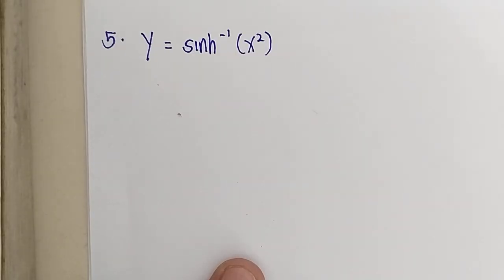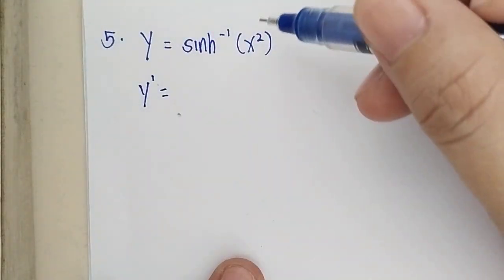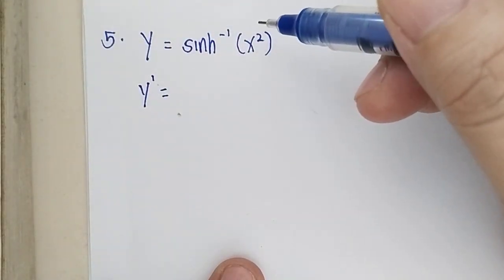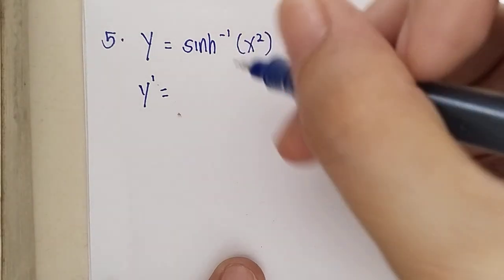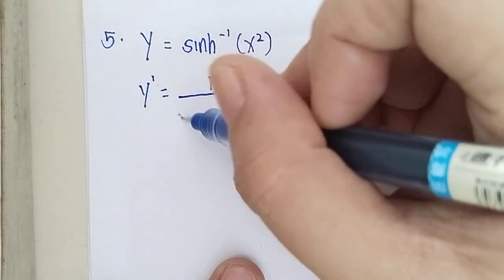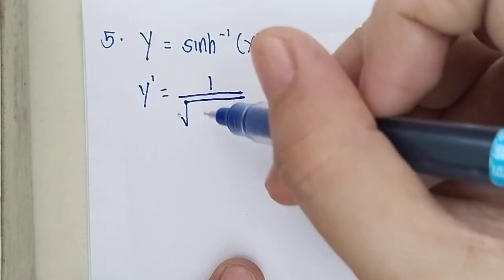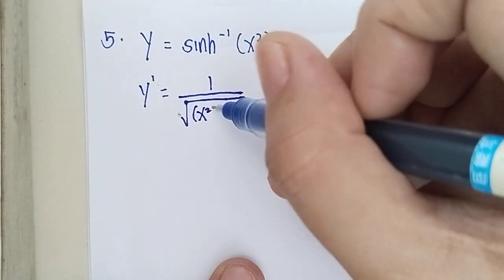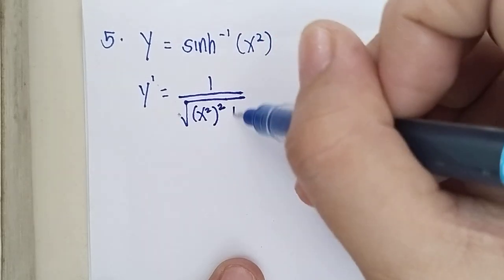Okay, for number 5, we have the inverse of the hyperbolic sine of the angle x squared. If we recall the formula for the inverse hyperbolic sine, our u is x squared. So, our formula is 1 all over the square root of u squared plus 1. Our u is x squared, so that will be u squared plus 1.